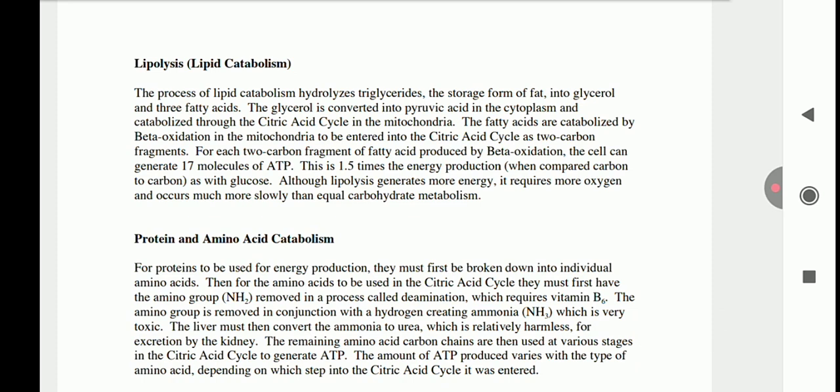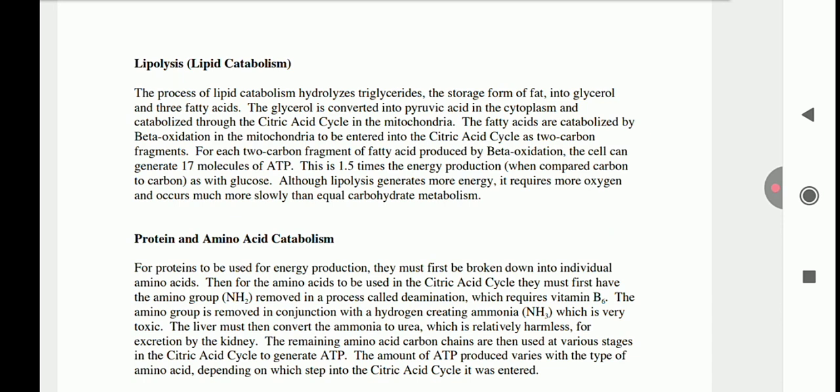Lipid catabolism, lipolysis. In the process of lipid catabolism, triglyceride, the storage form of fat, is hydrolyzed into glycerol and 3 fatty acids. The glycerol is converted into pyruvic acid in the cytoplasm and catabolized through the citric acid cycle in the mitochondria.